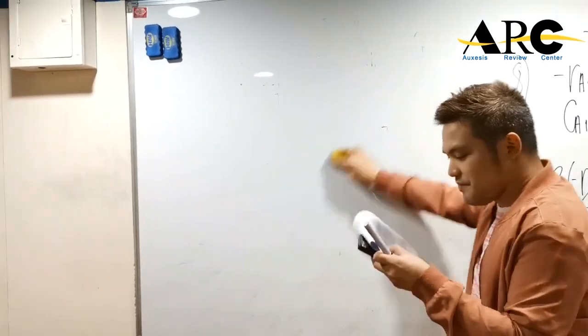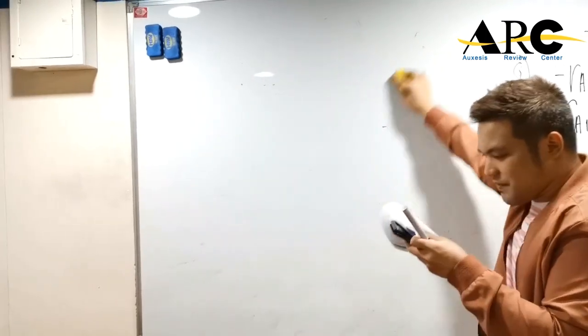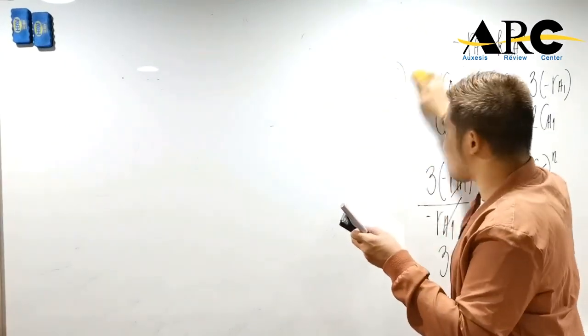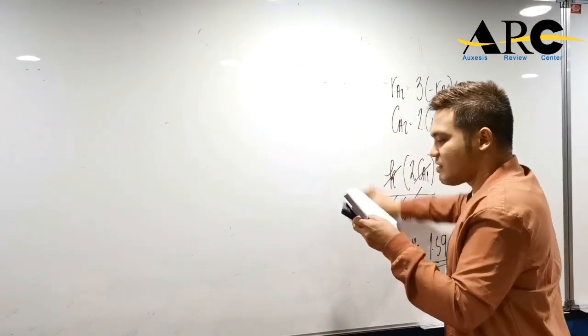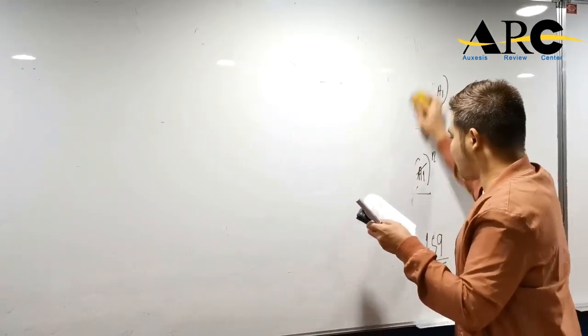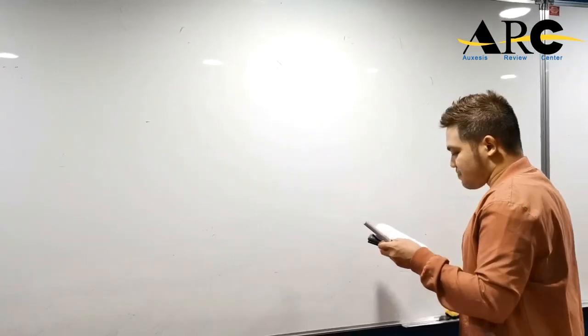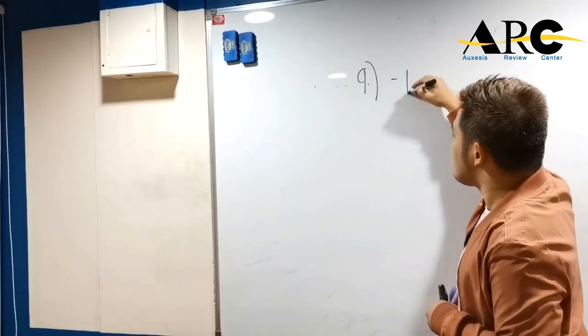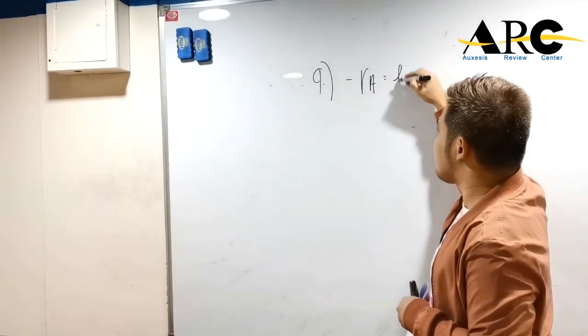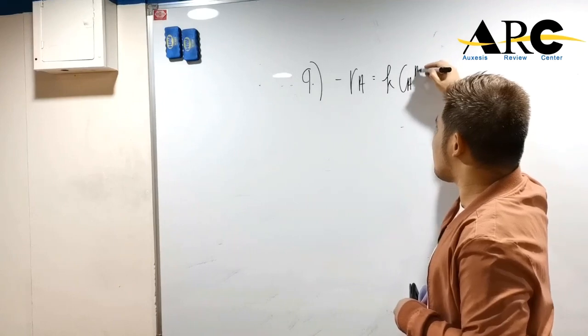So, number 9: if the rate of reaction is independent of the concentration of the reactants, the reaction is said to be blank. So, alam naman natin, di ba, that negative rA is equal to k CA raised to n.